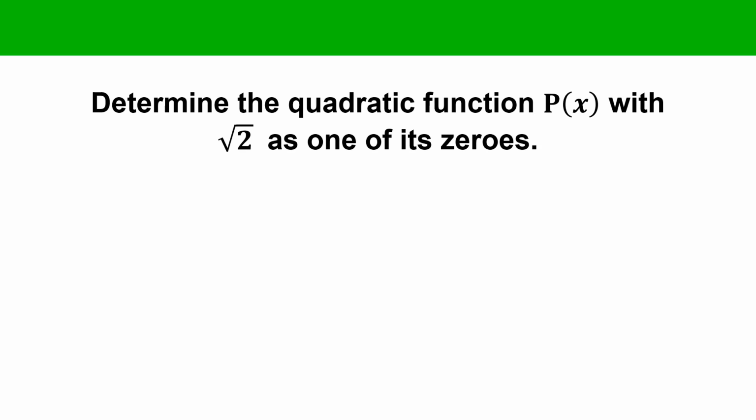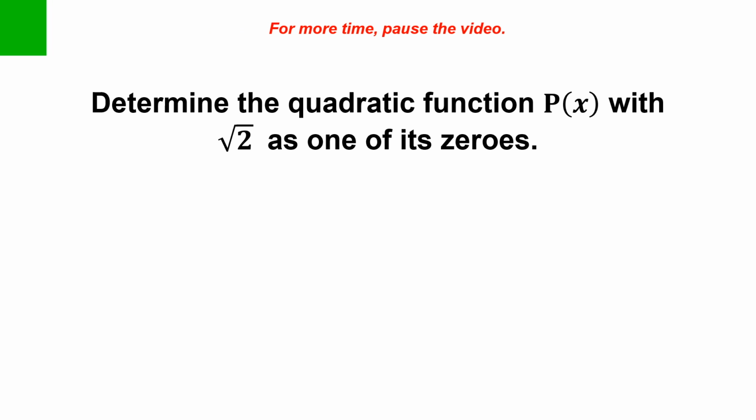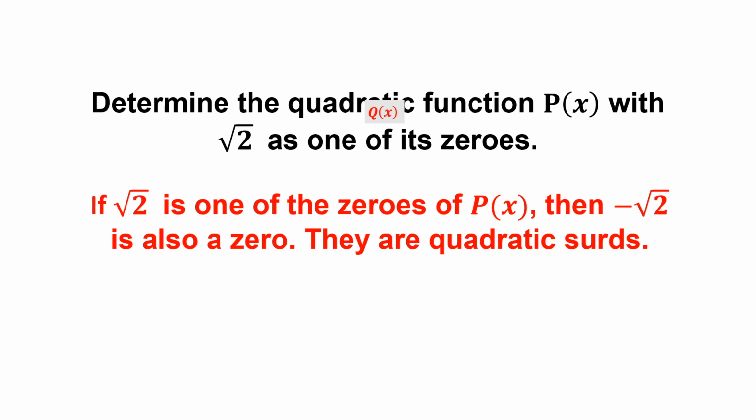Determine the quadratic function p of x with square root of 2 as one of its zeros. If square root of 2 is one of the zeros of p of x, then negative square root of 2 is also a zero.